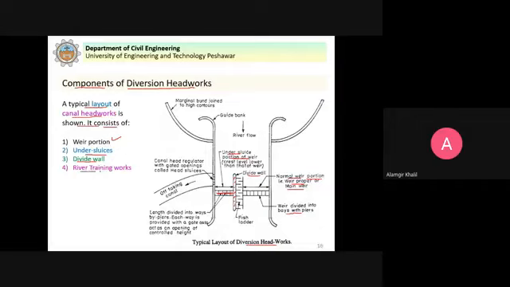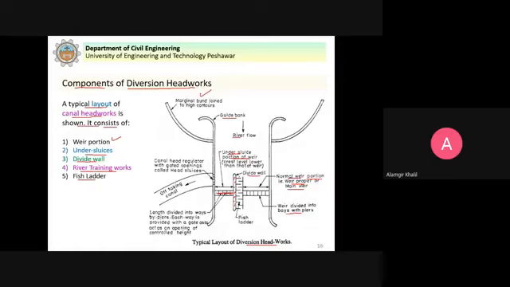Then we have the river training works. These marginal bunds and guide banks are the river training works. Then we have the fish ladder.